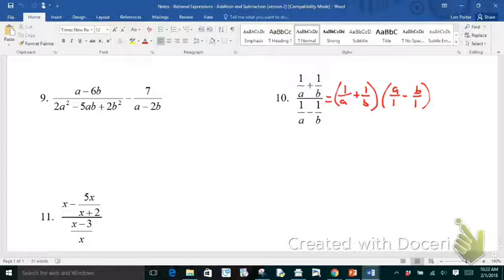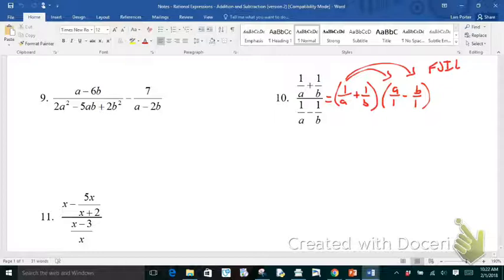Again, acknowledging that I don't know which way is the best way right off the bat, I'm going to make a choice, and I'll tell you what I'm going to do is I'm going to FOIL this. First, outer, inner, and last.